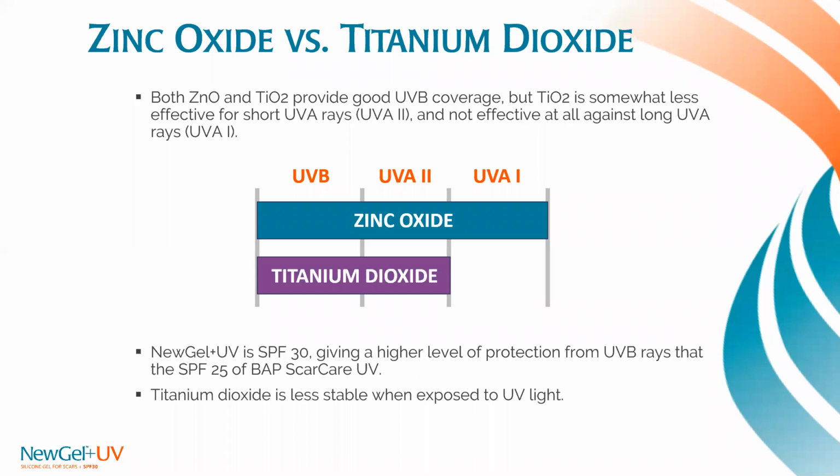So even though both are considered broad spectrum because they cover UVB and UVA, zinc oxide covers even more in the UVA spectrum than titanium dioxide does. And also, titanium dioxide is less stable when exposed to UV light. So when you are out in the sun, it's more likely to break down than zinc oxide would.